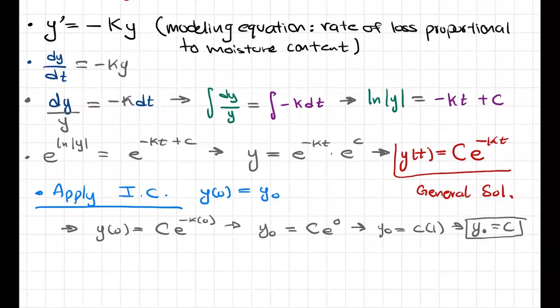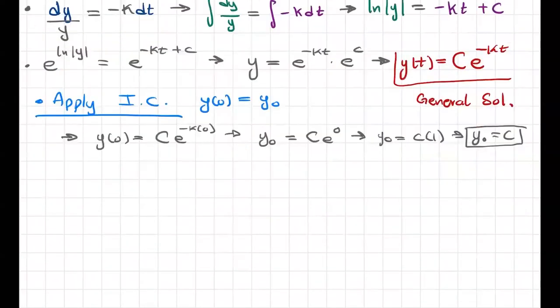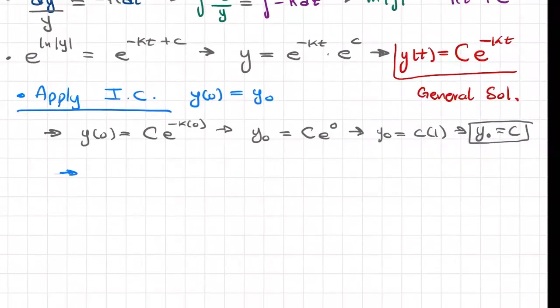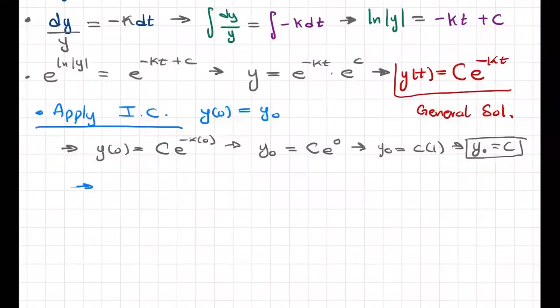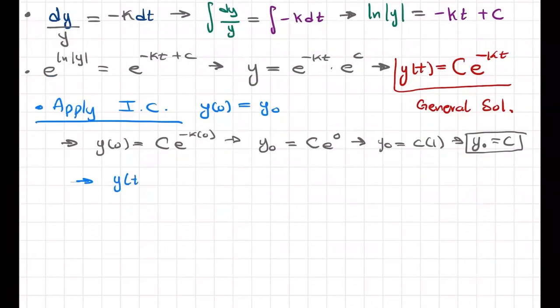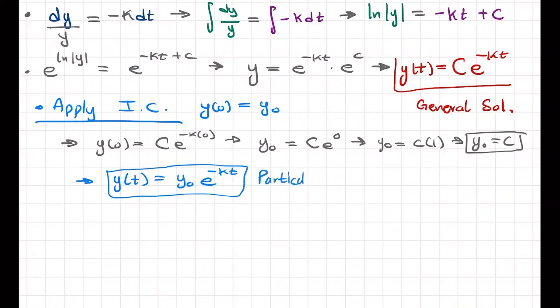Therefore, our particular solution for this case will be y of t equals y naught e to the negative kt. This is our particular solution.